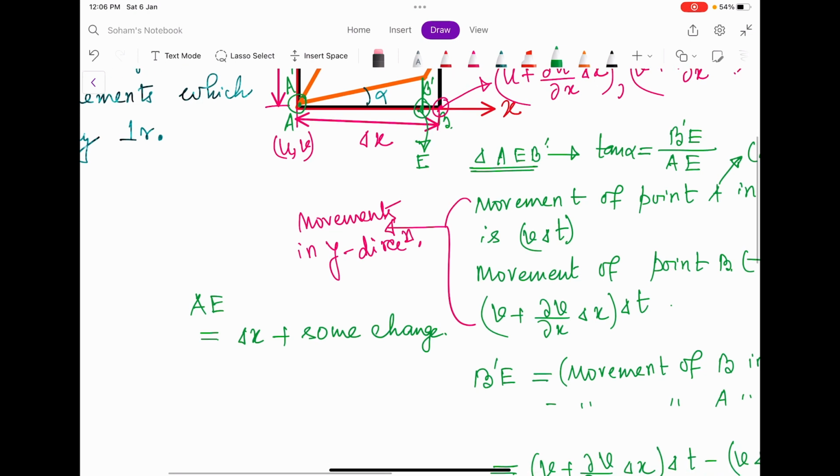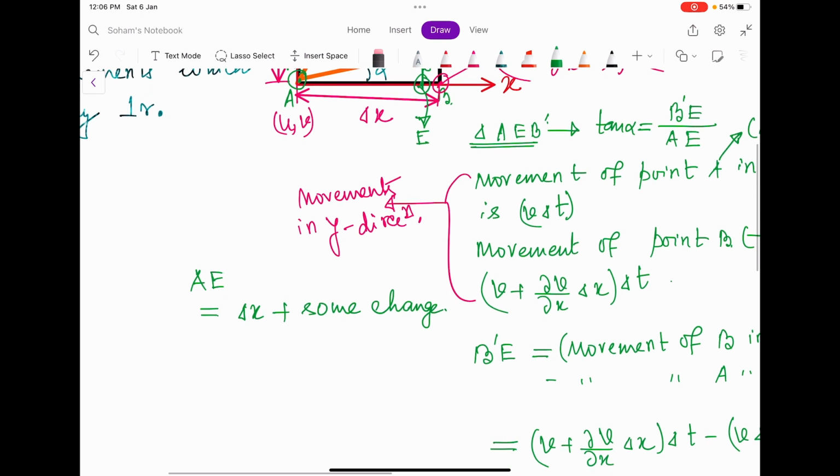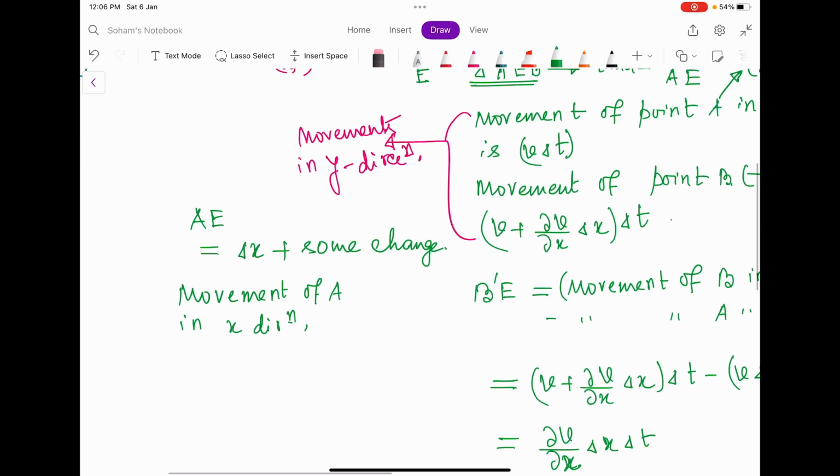This is the same problem. Movement of A in x direction will be u delta t.